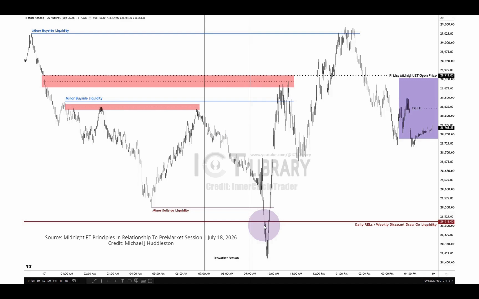I don't know that. Market then, after it clears that buy side here, trades back down below Friday's midnight opening price. And then we settle in TGIF between 30 and 20% of the weekly range and close right there.